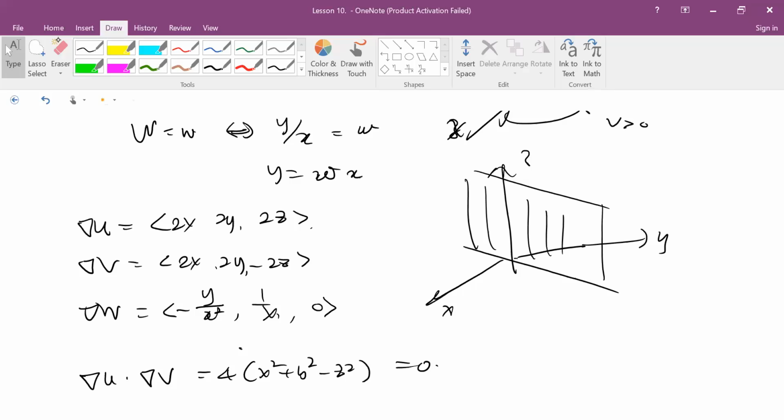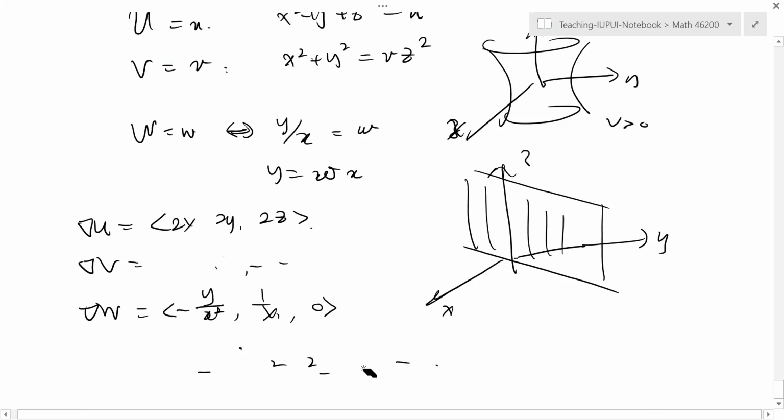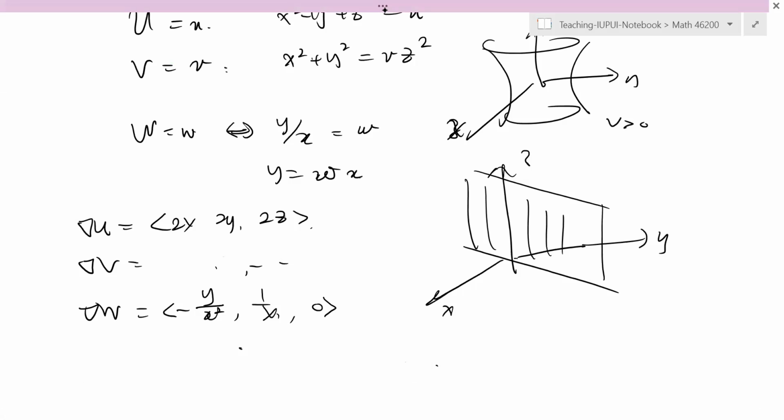So I needed to modify it, otherwise it is not always true. I hope this time it works.